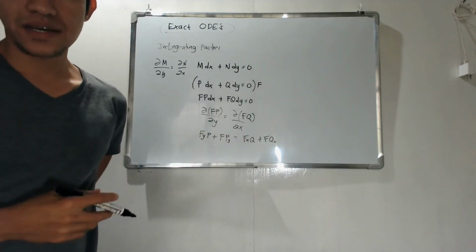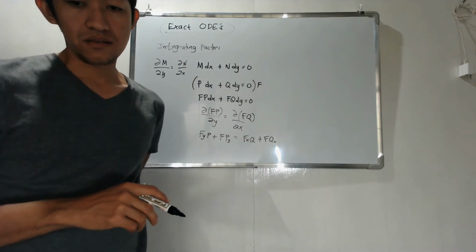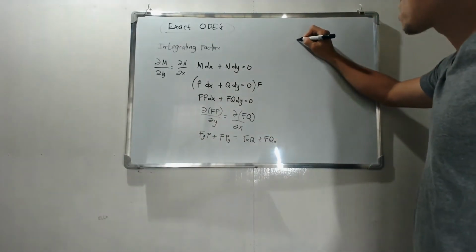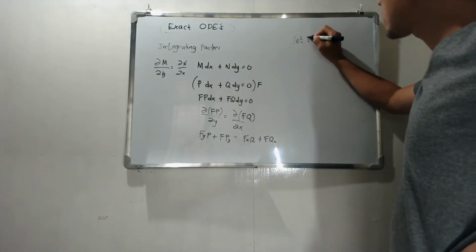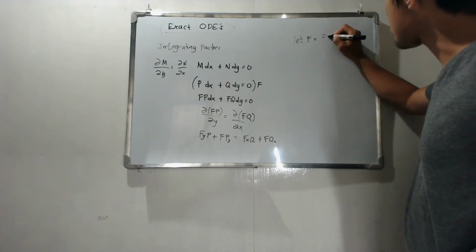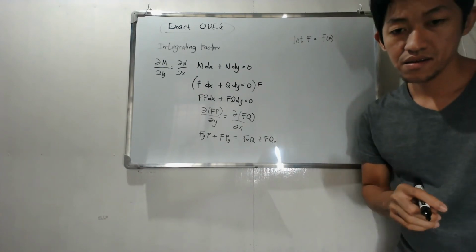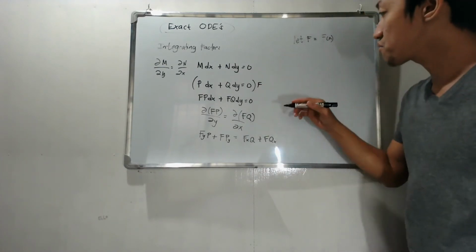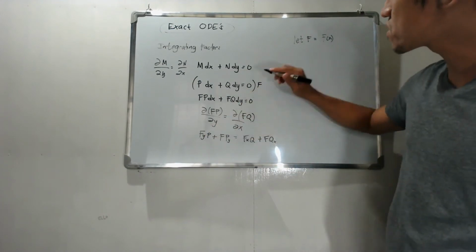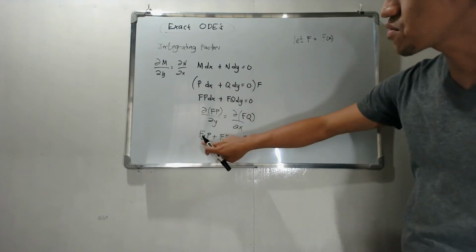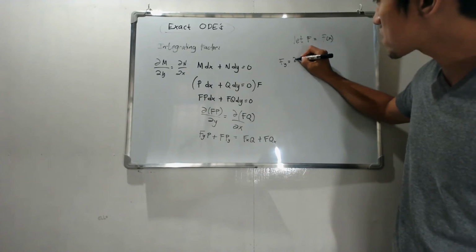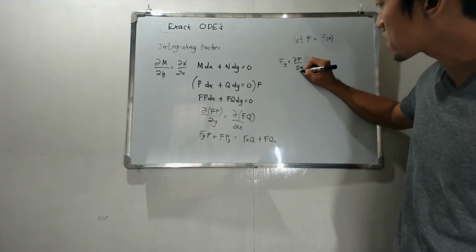To make it simpler, we let f be a function of x only. So the f sub y term drops out. f sub y means derivative of f with respect to y.